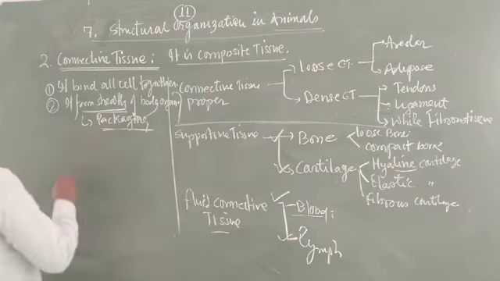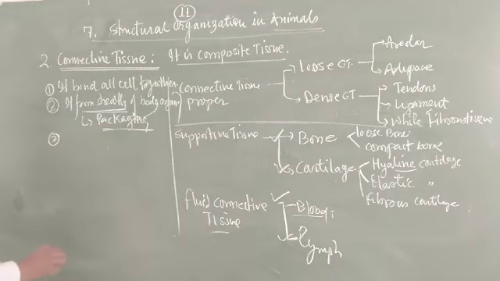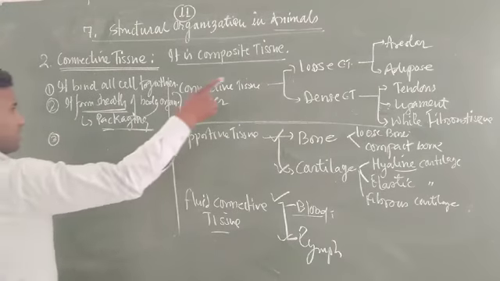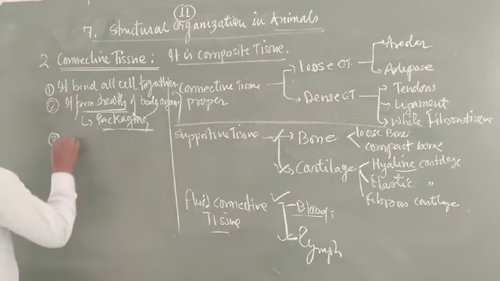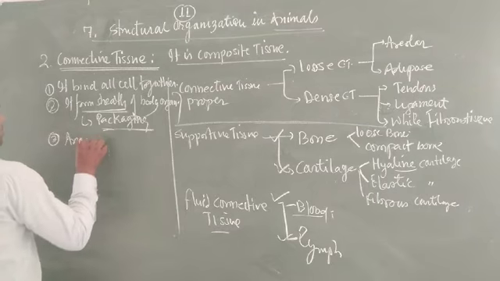This is called packaging. The third important feature is that areolar tissue protects the body, especially since areolar tissues have some type of WBC.